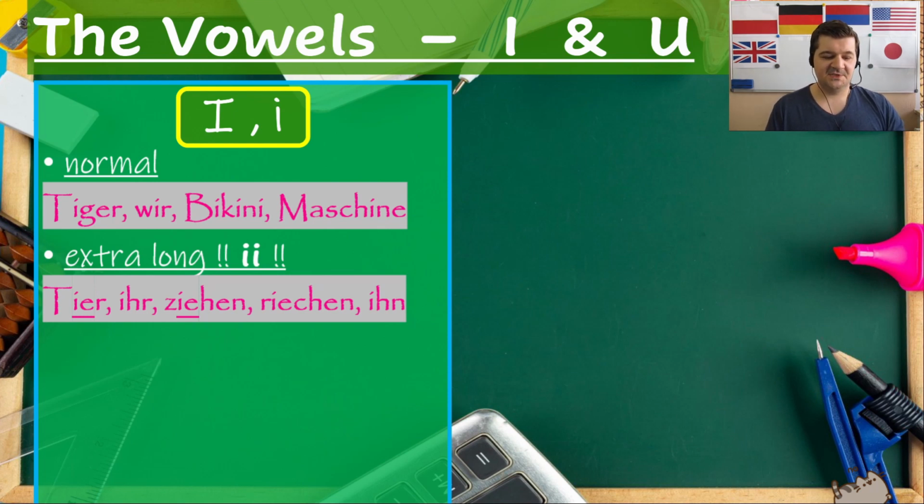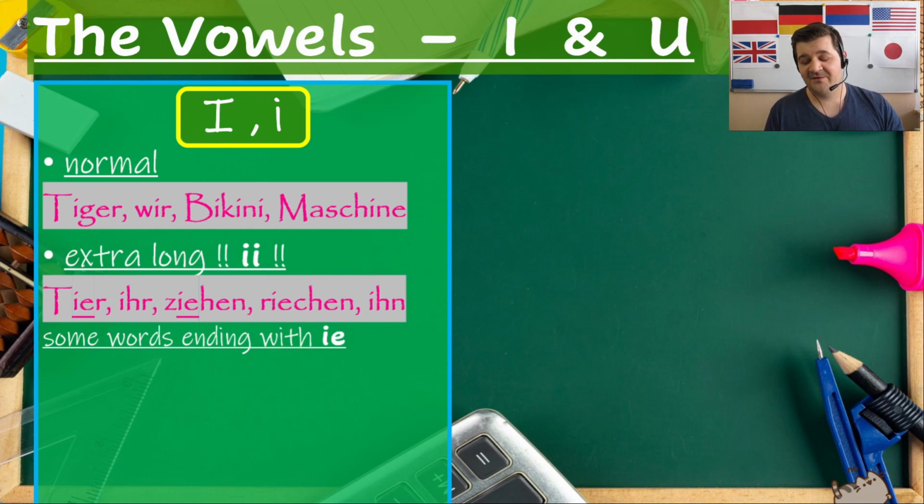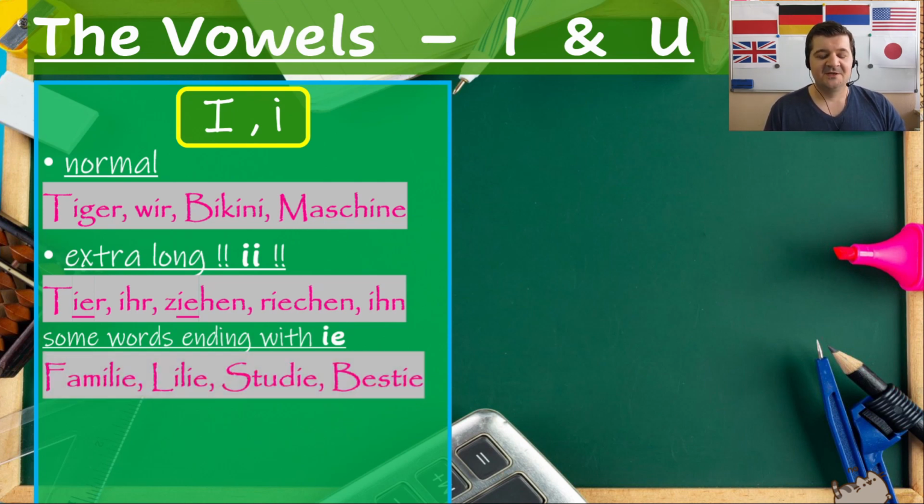So far so good. The last thing which is to be understood with EE is that there are words which have it at the end, the last few letters of a word, and it doesn't go for all of them, but many of them are pronounced simply separated.